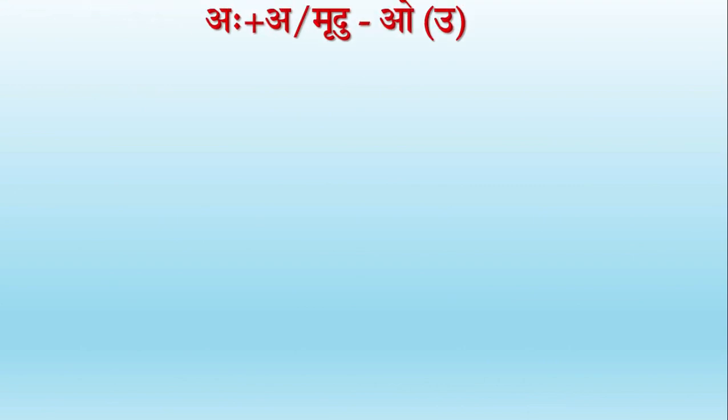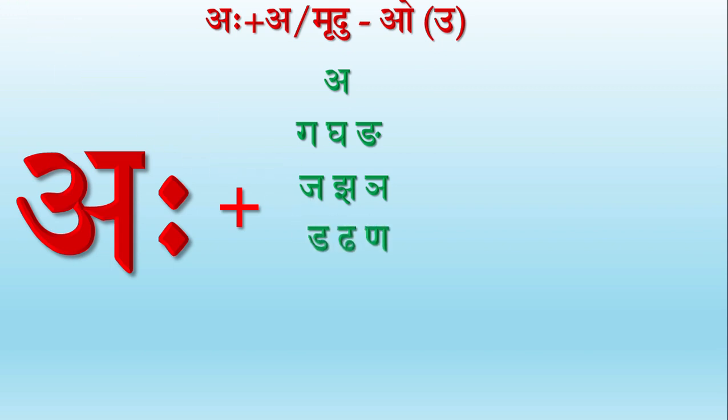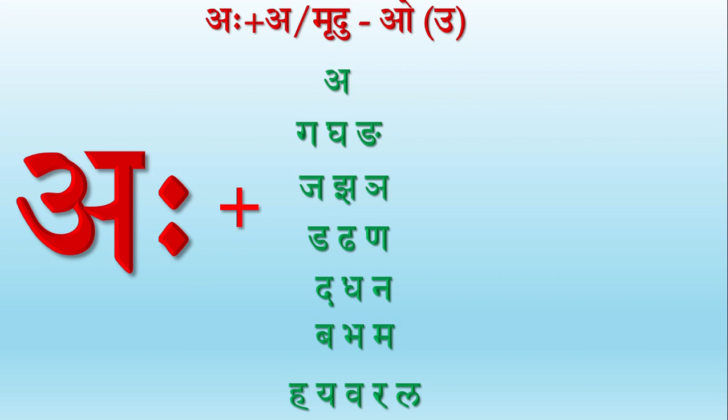Let's now study the second formula, which says aha plus a or mrudu becomes o, that is ukaradeshaha. We have got a letter aha, and after that we have any of these letters, that is a, and all the mrudu vyanjanani. They are ga, gha, nya, ja, jha, nya, da, dha, na, da, dha, na, ba, bha, ma, and ha, ya, va, ra, la.